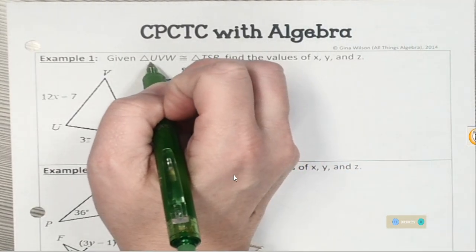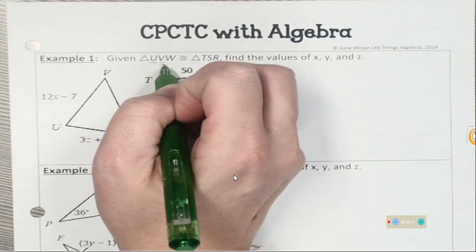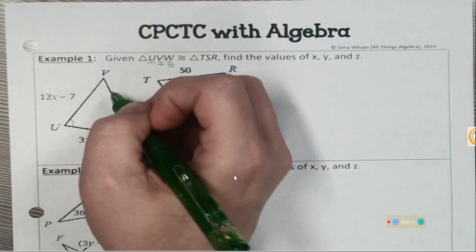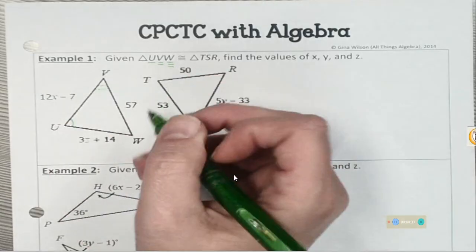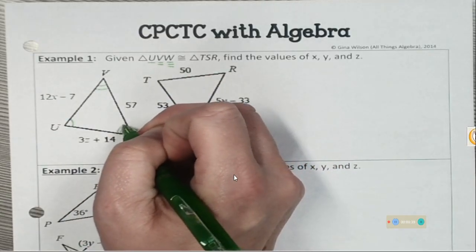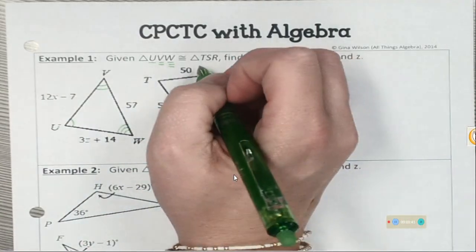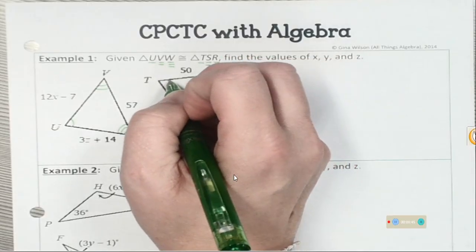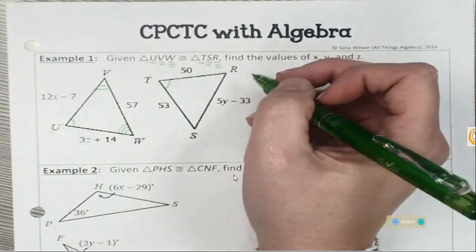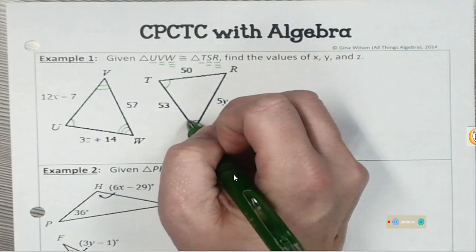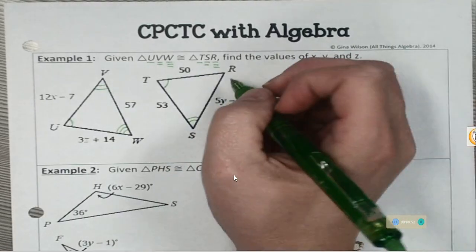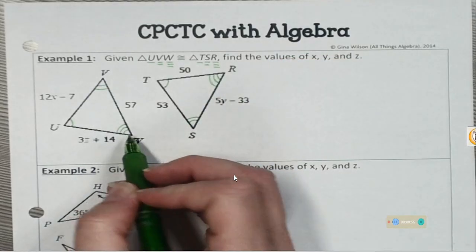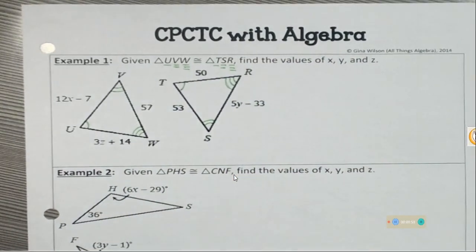I'm told that U, V, W, so U is the first, V is the second angle, and W is the third angle, is congruent to T, S, R. So T is the first, so it's congruent to U. S is the second, and therefore is congruent to V. And R is my third angle, and therefore congruent to W. Okay?